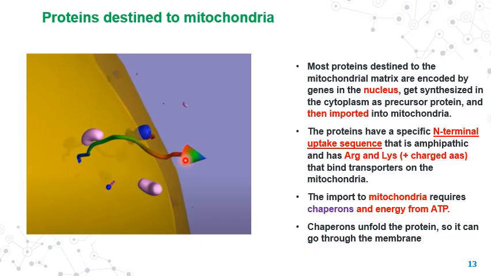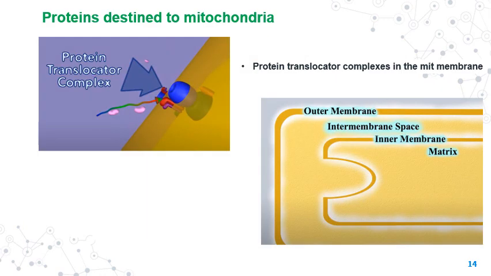This is at the N-terminus, and it has a lot of positively charged residues. Then this thing is going to interact with chaperones to use energy to get imported. And here it gets to the outer part of the membrane. You find TOM over there, and then you also find the TIM at the inner membrane.